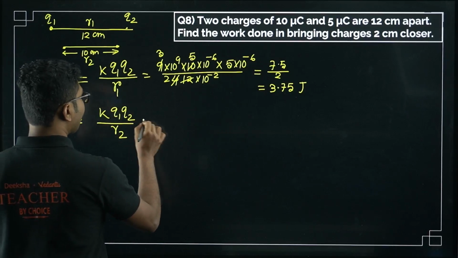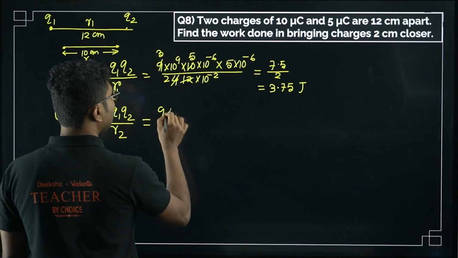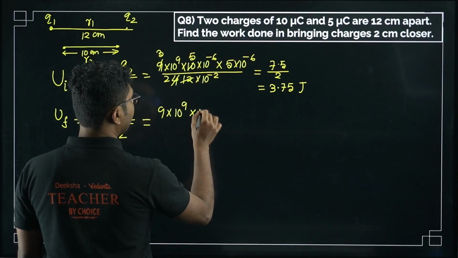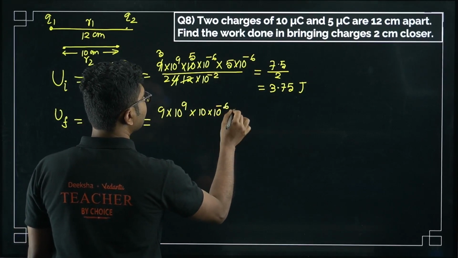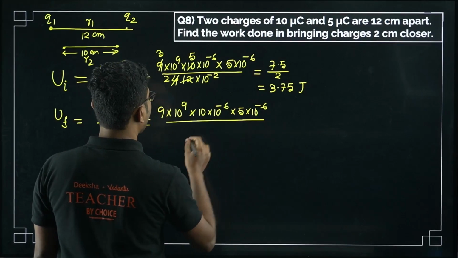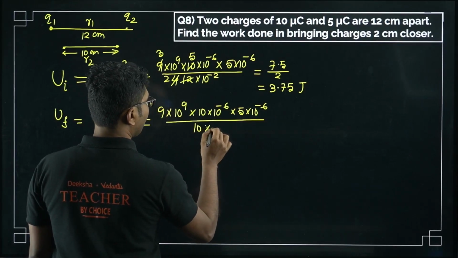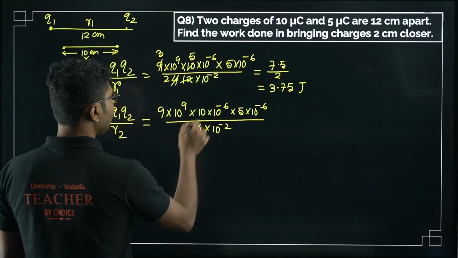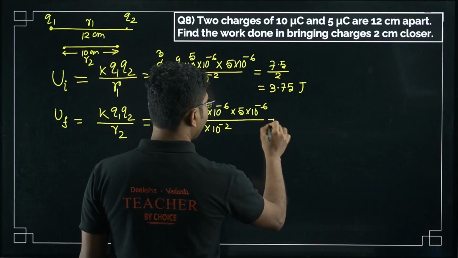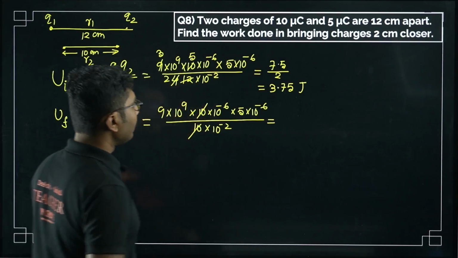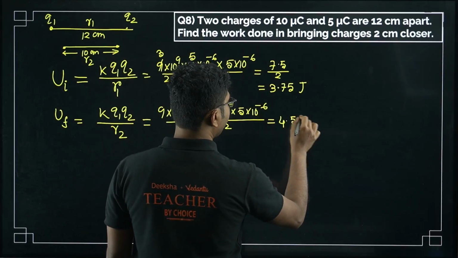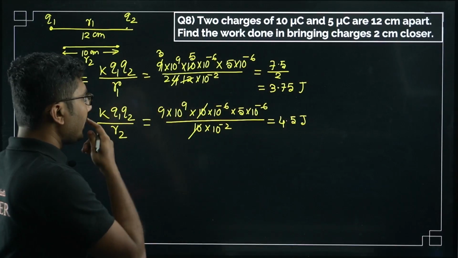Now what is the final potential energy? Final potential energy will be 9 into 10 to the power of 9, into 10 into 10 to the power of minus 6 into 5 into 10 to the power of minus 6 divided by 10 into 10 to the power of minus 2. So in this case 10 10 cancel. 9 into 5, 9 5s are 45, it will be 4.5 joules.